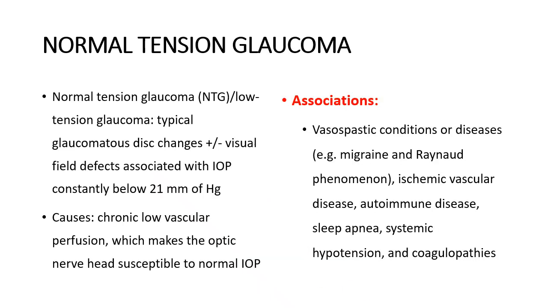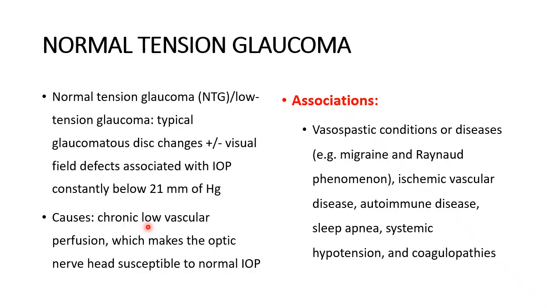Normal tension glaucoma is when there are typical disc changes and or field changes, but IOP is constantly below 21 mmHg. Now, it has been speculated that the causes of this, if the IOP is low, the mechanical theory does not hold, right? So this is where the vascular theory comes in to explain the pathogenesis of normal tension glaucoma.